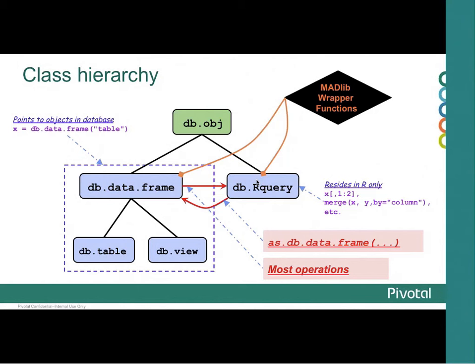What you can do with this select statement is materialize it, by issuing the as.db.data.frame command, which will take this DBR query object and cast it to a DB table object in R. While it does that, it also writes a real database table inside of the database. This diagram is meant to provide a conceptual overview of the class hierarchies available in PivotalR. But really, things will become more clear once we go through the demo, and we'll do that in just a bit.